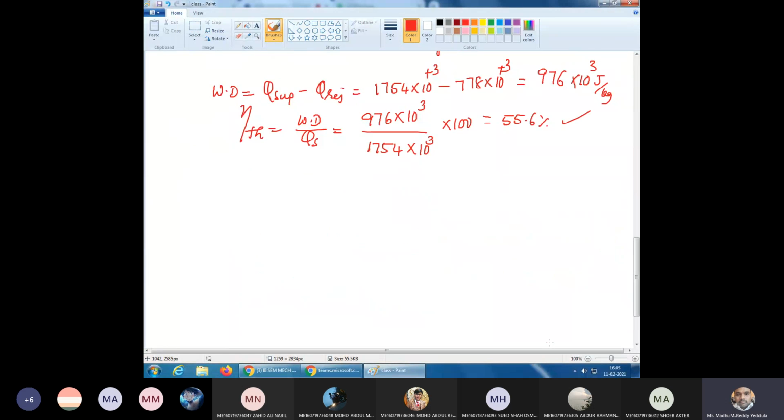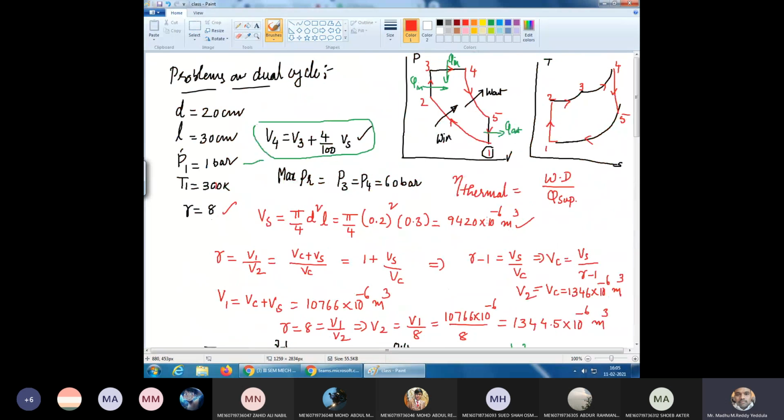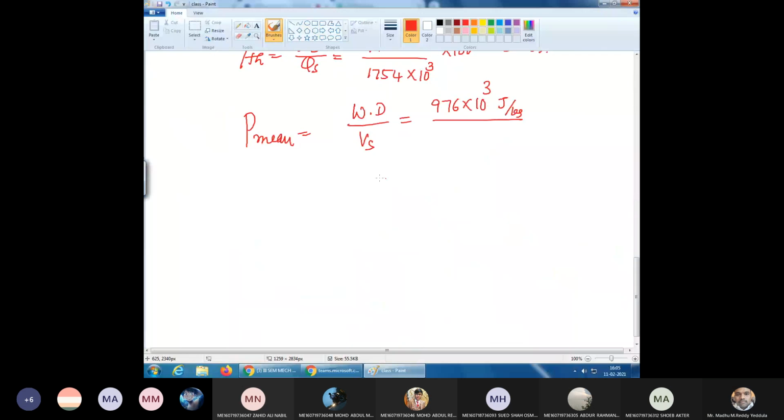Then he is asking for mean effective pressure. What is the formula to calculate mean effective pressure? Mean effective pressure is equal to work done by swept volume. So work done we have 976 into 10 power 3 joules per kg, divided by VS, the swept volume, which we got as 9420 into 10 power minus 6 meter cube.